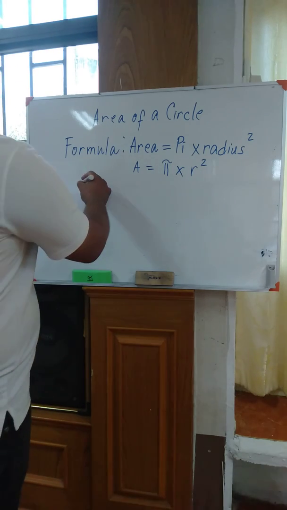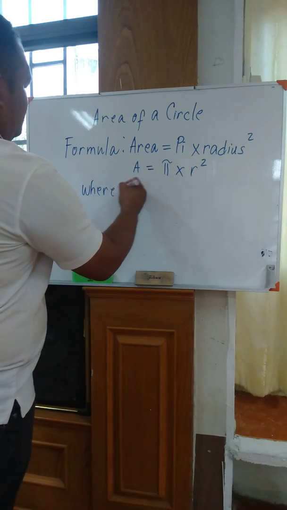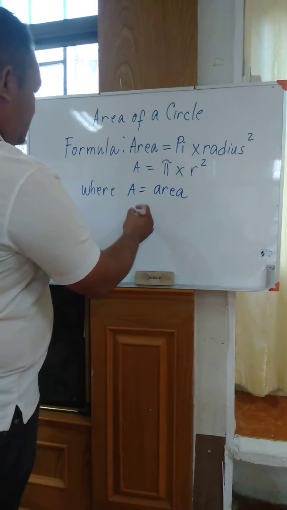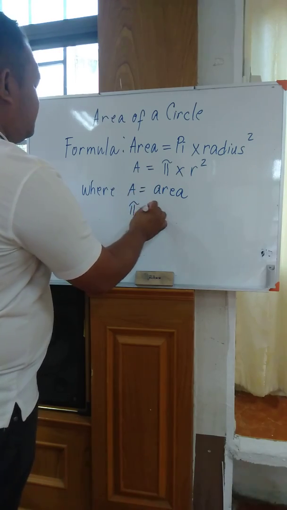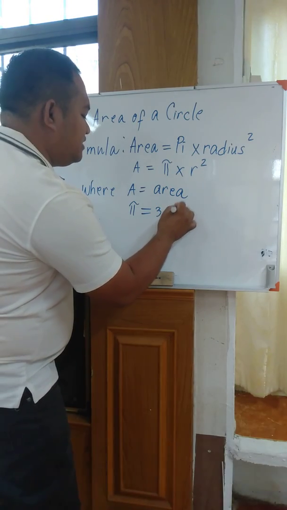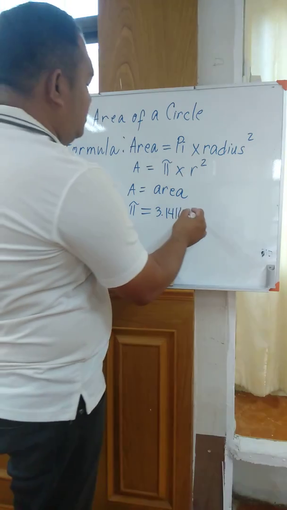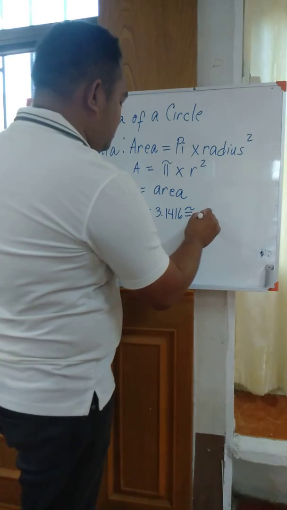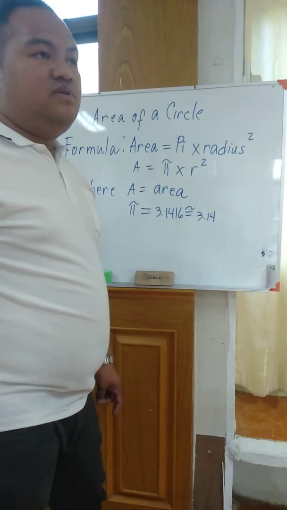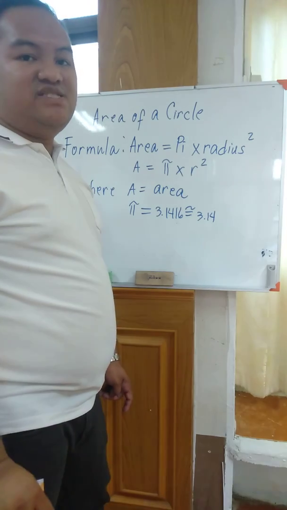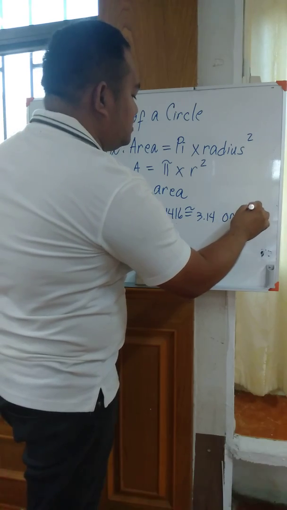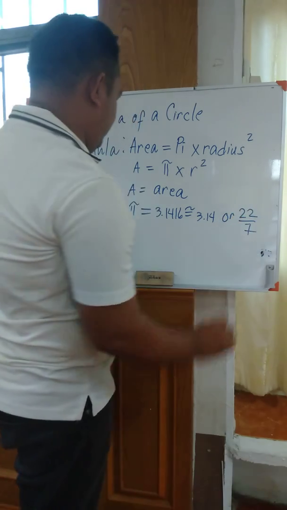So where A is the area, where pi is 3.1416 or congruent to 3.14, and the most commonly used in Thailand is in the form of a fraction, which is 22/7.